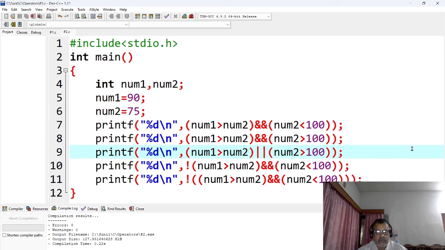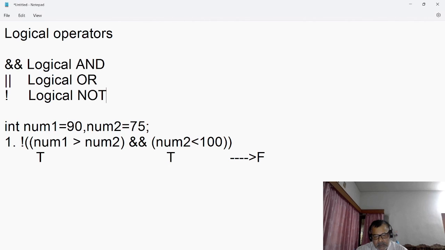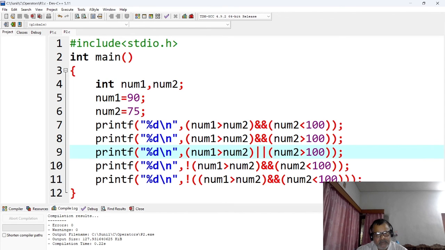Now I think we have discussed the logical and operator, logical not operator, and logical or operator, and what their characteristics are. Okay, try to execute this program by yourself, and if you have any doubt, please write to me. 100% I will discuss it.